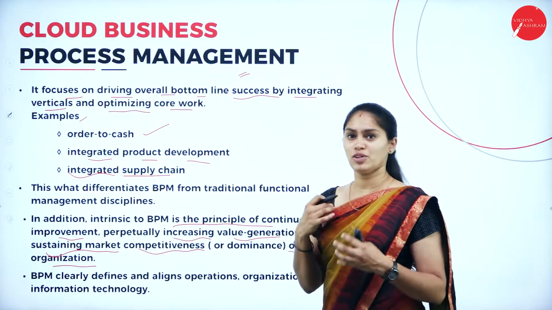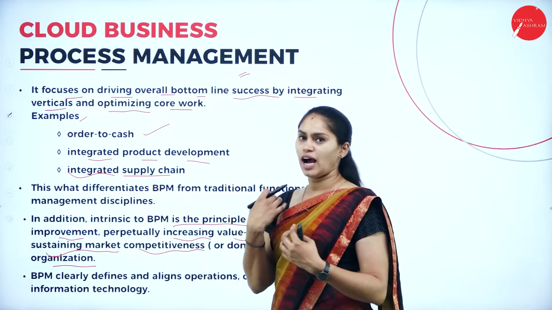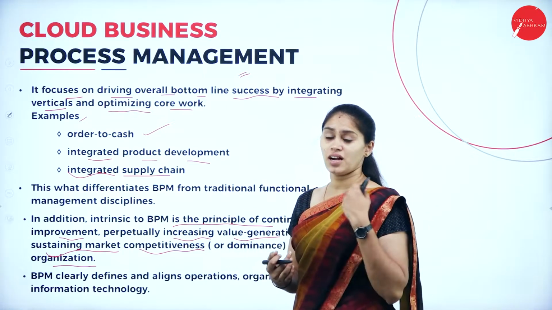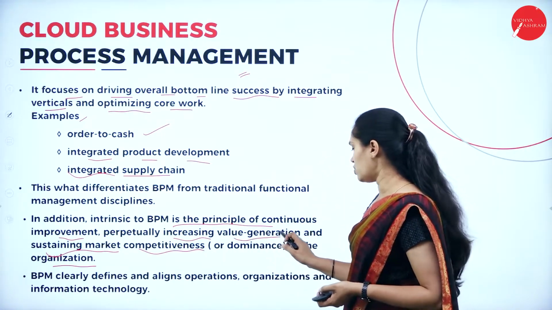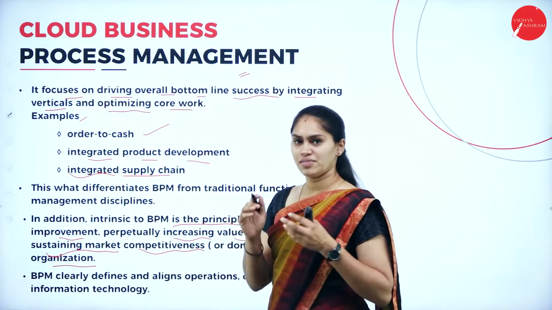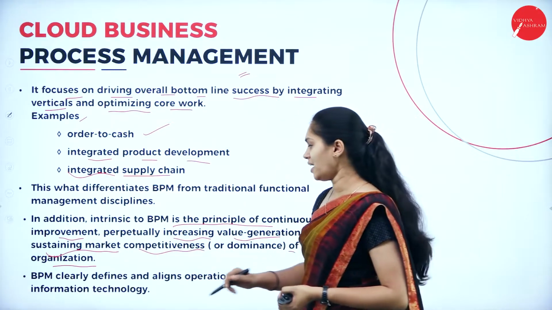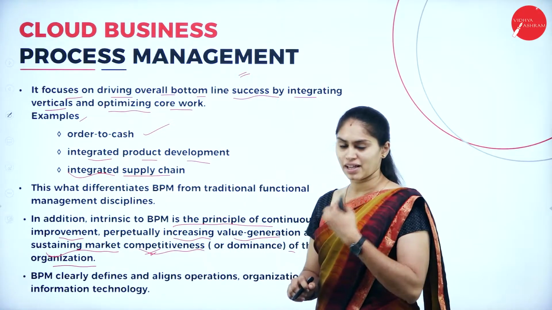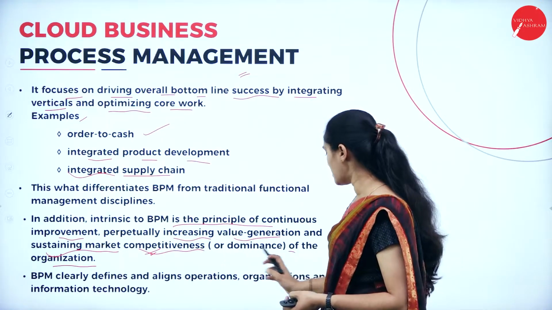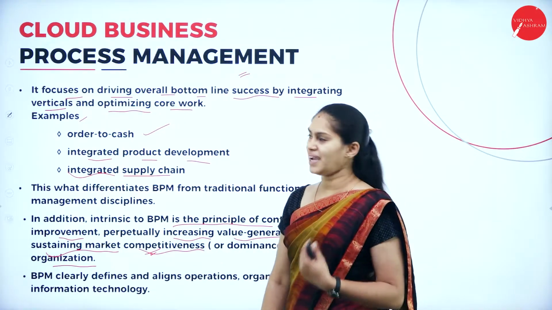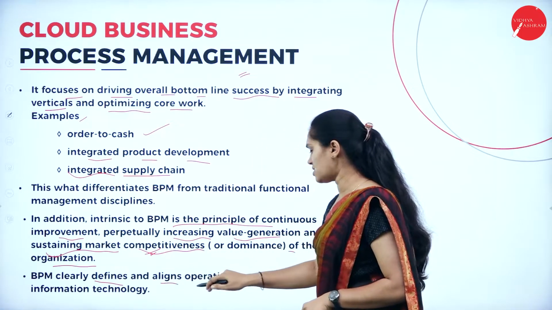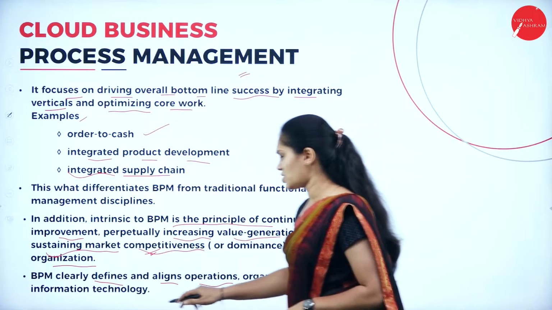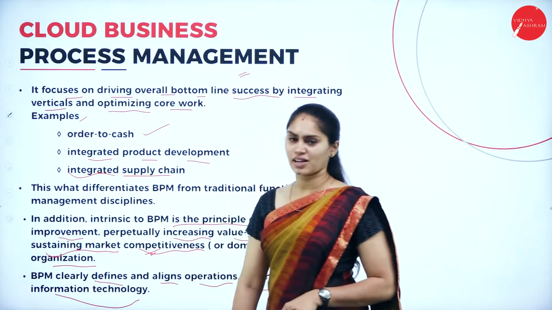That means it will help in how to behave with the competitors, and how we can increase the value generation. We have to be sustained in a market by competing with the competitiveness of the organization. Mainly this BPM will clearly define and align the operations, organizations and the information technology.